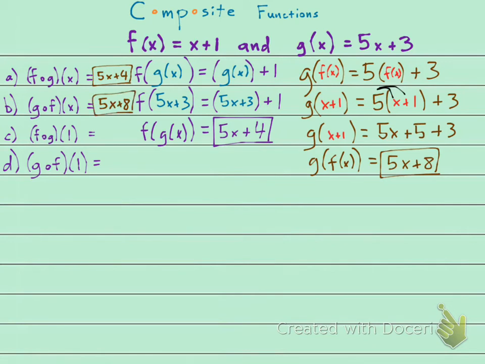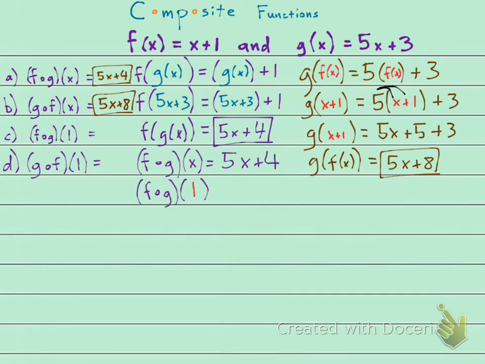So if I know that the f of g of x is 5x plus 4, what is going to be the f of g of 1? I guess I should write it like this: the f of g of x is 5x plus 4. What is the f of g of the number 1?